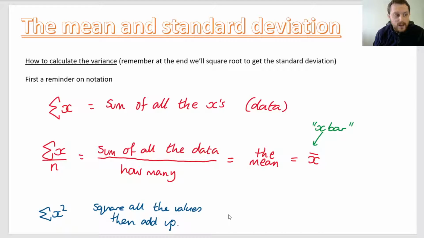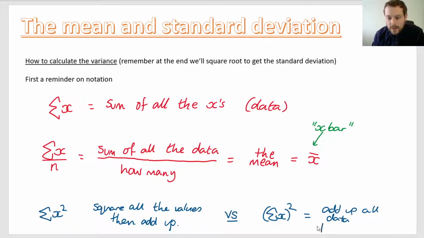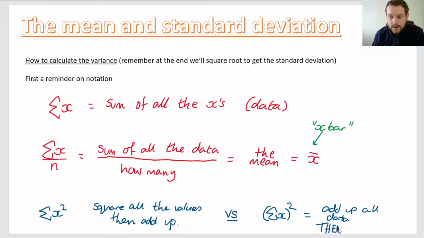Okay, this is in direct competition and direct comparison between this. Right, can you ever think about what this might mean and how it's different to this? I'll do a little example. This would mean add up all the data, you know, get your answer to this sum and then square.